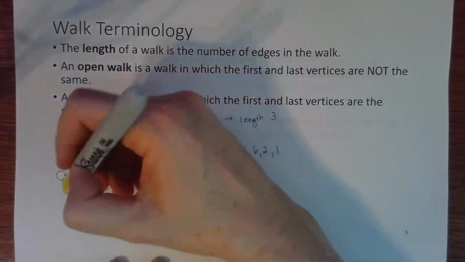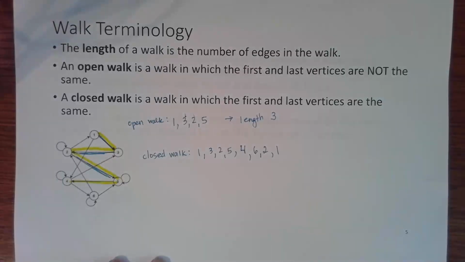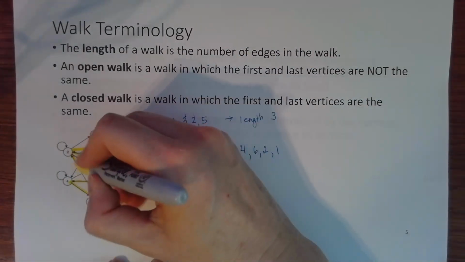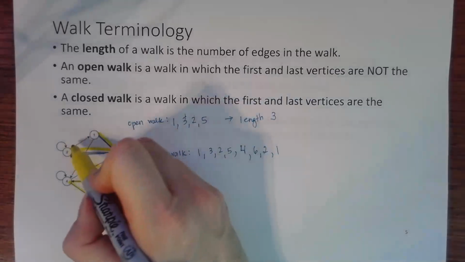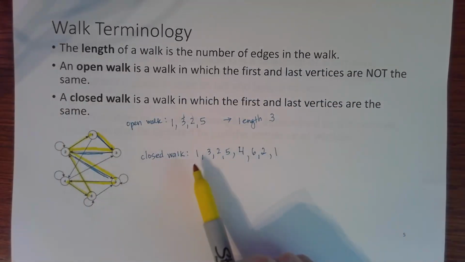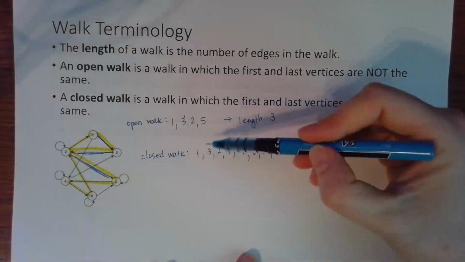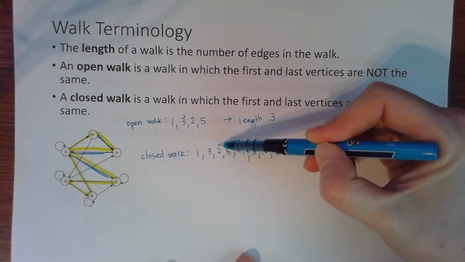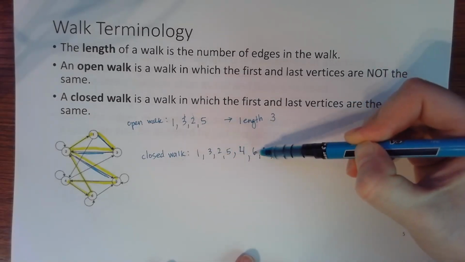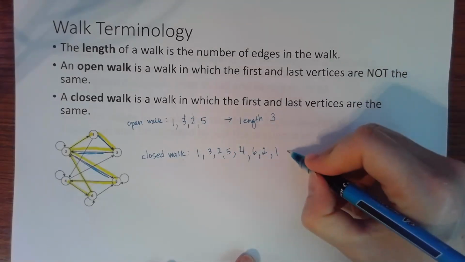From 5 we go over to 4, 4 to 6, 6 to 2, and then we end up back at 1. So notice we start and stop at the same place. So this would be a closed walk. And if we were to look at the length of it, once again, we can just count 1, 2, 3, 4, 5, 6, 7. So this is of length 7.